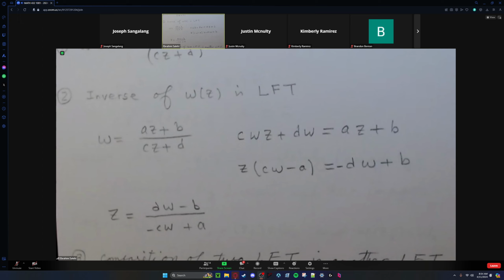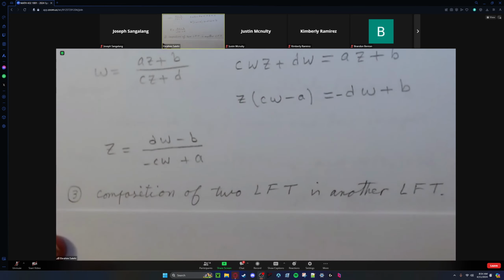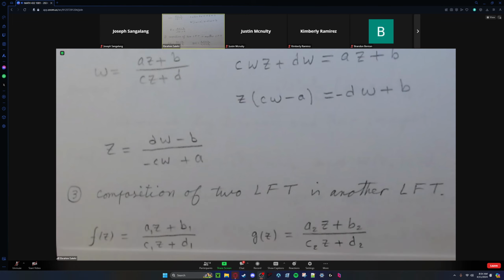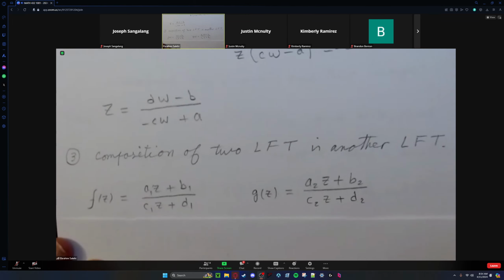Observation number 3. How about if we compose 2 linear fractional transformations? Okay, here is one. I call it F. The coefficients could be different.